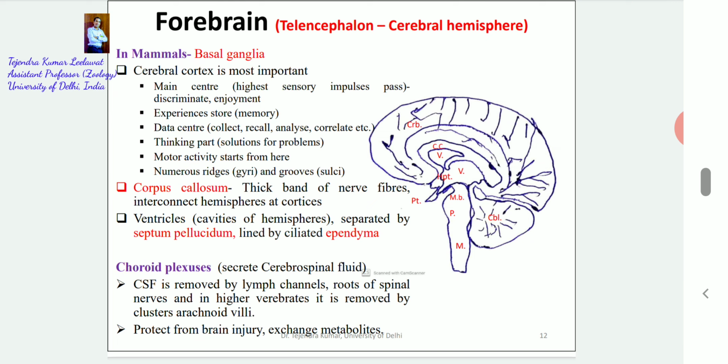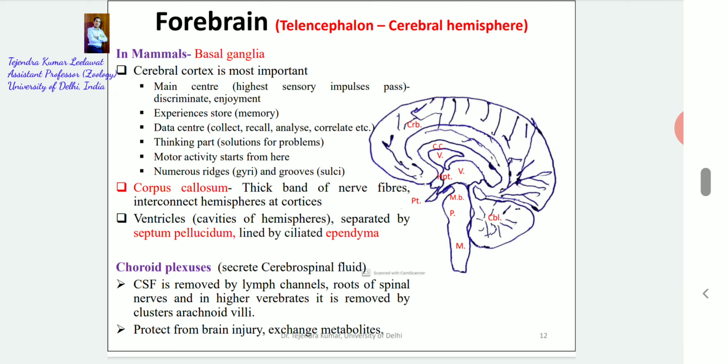Then in reptiles it changed into the neostriatum, and in birds there is one more additional, the hyperstriatum, and now it changes into the basal ganglia. So the basal ganglia is a complex nerve structure, like a nerve plexus, which continuously works like a relay center, like a large data center working 24 into 7 for relaying data and signals. This is the basal ganglia.